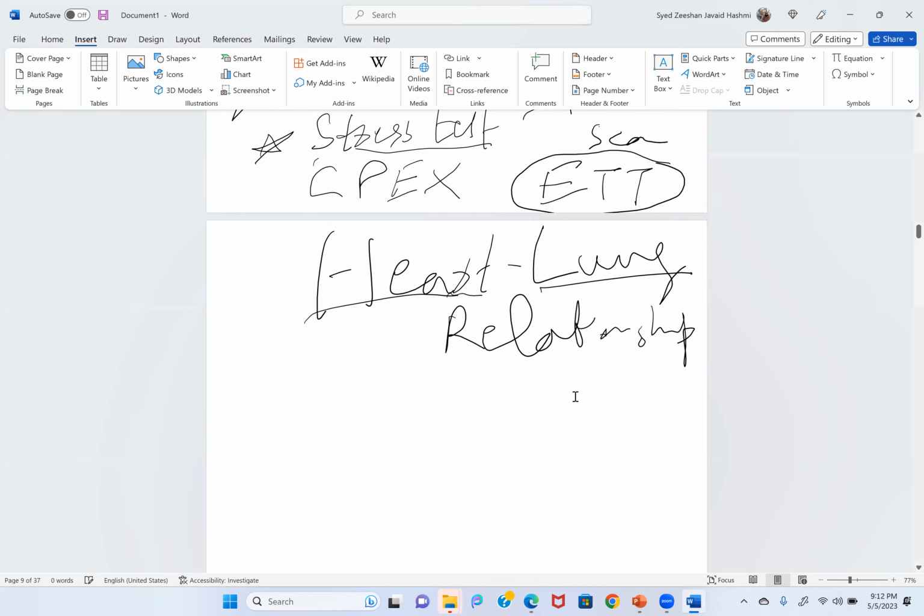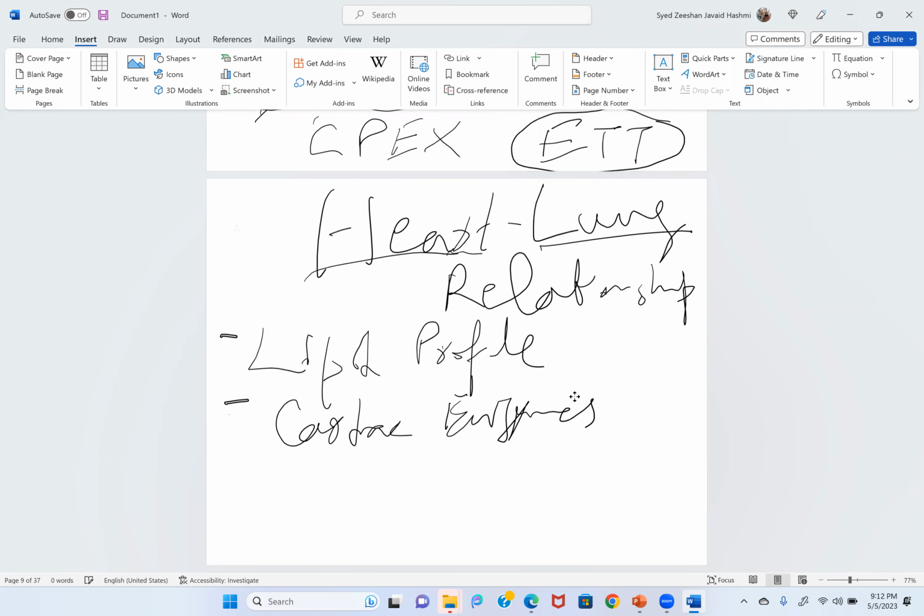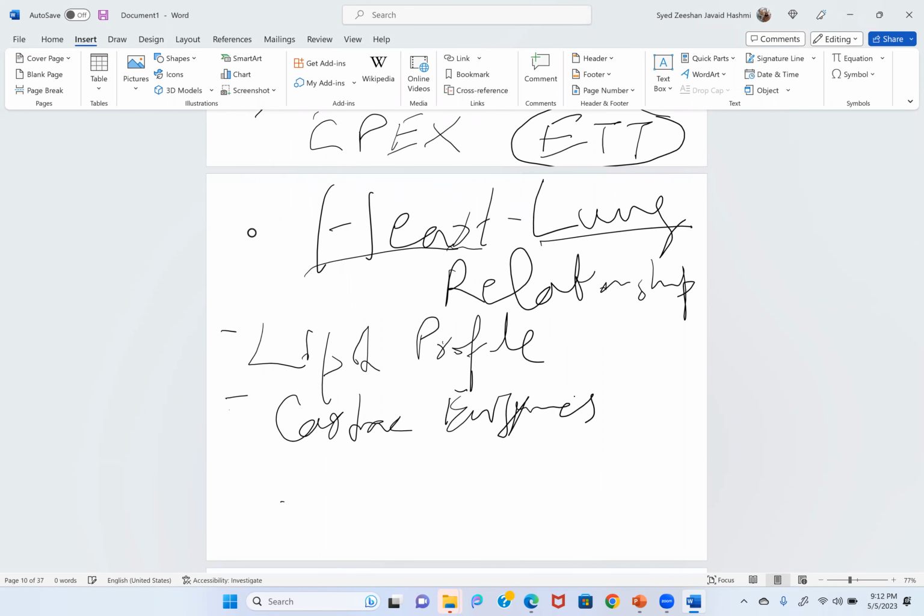There are certain other things which are related, as mentioned rightly. With reference to the lipid profile, I will add cardiac enzymes. You can have some change in cardiac enzymes, and some are acute cardiac enzymes, and some are in the chronic form, in the form of heart failure, like ANP and BNP.